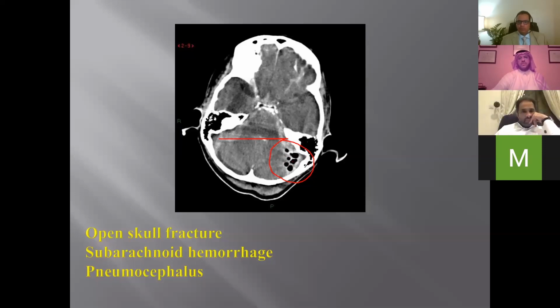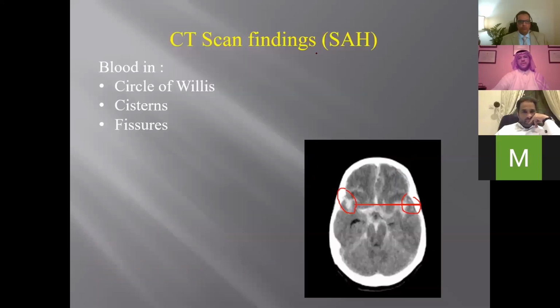There is again blood, subarachnoid hemorrhage, blood in the fissures and the suprasellar cistern. And these are again the findings in CT scan for subarachnoid hemorrhage. Three things: please look for the blood in the circle of Willis, cisterns, and fissures.